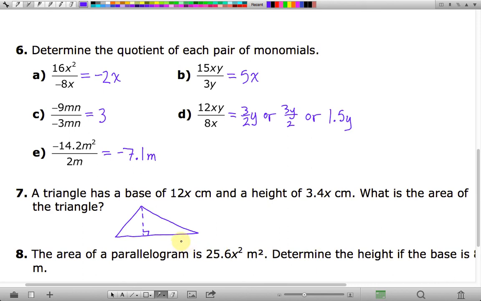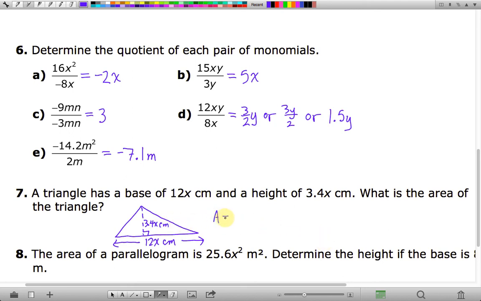So we're told that the base is 12 times some unknown amount of centimeters, and we know that the height is 3.4 times the same unknown amount of centimeters. We'd like to know what is the area.